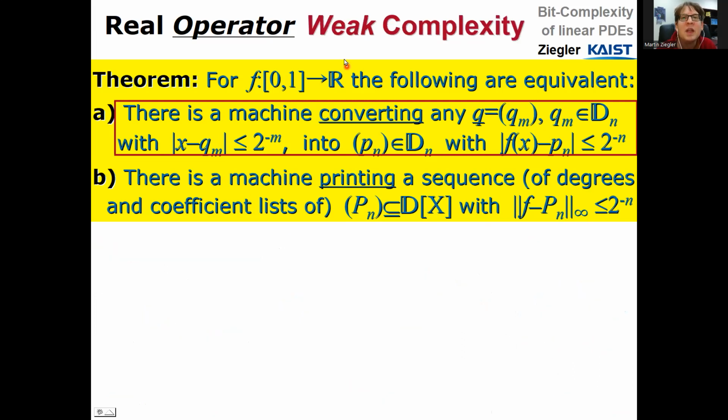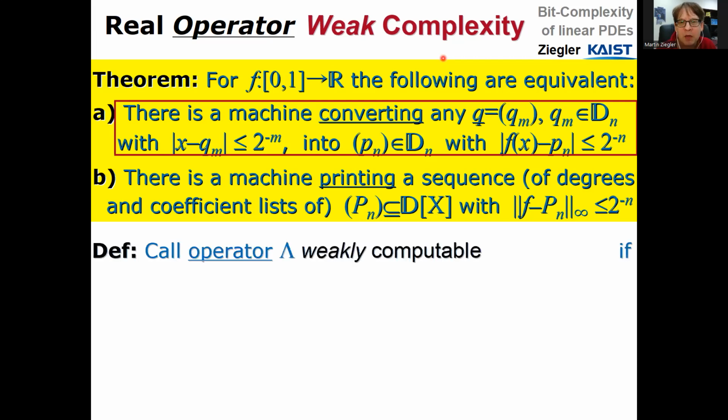Namely, we're going to find weak complexity. No mentioning of complexity of operators anymore in this talk, only weak complexity. If I forget to mention weak complexity, please insert the word weak everywhere when we talk about operator complexity. Everything is weak. And what does it mean to be weakly computable?